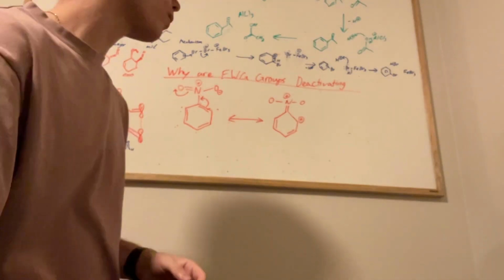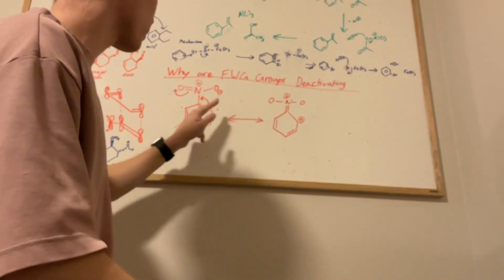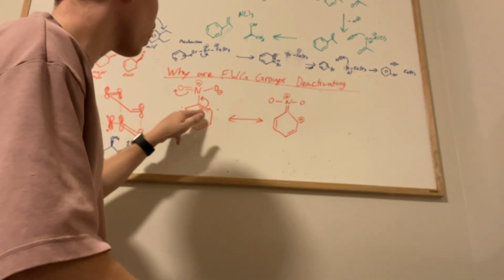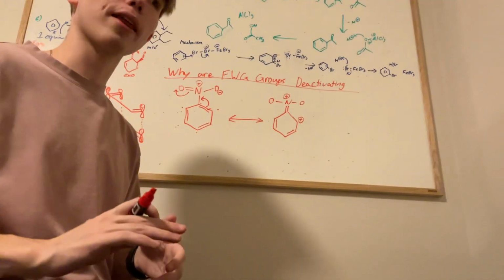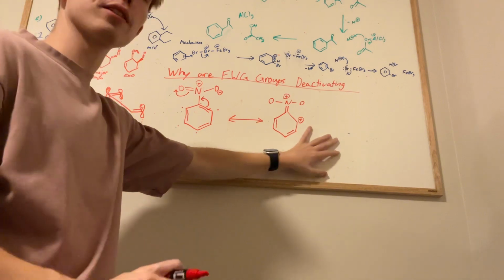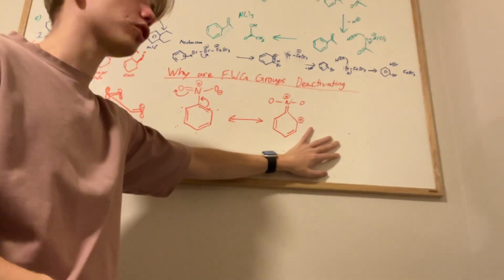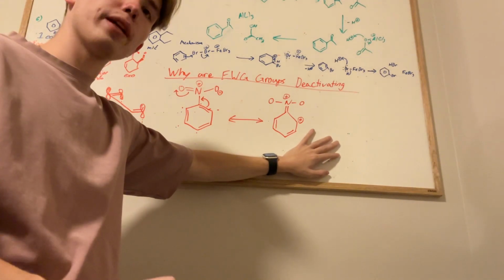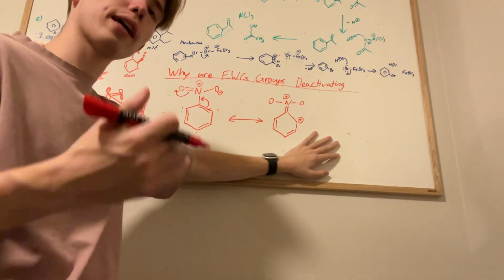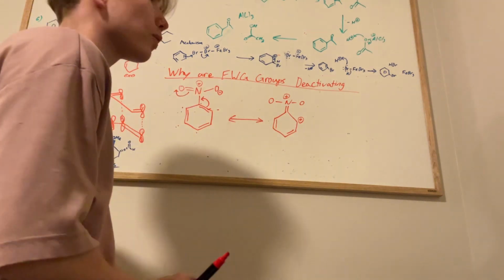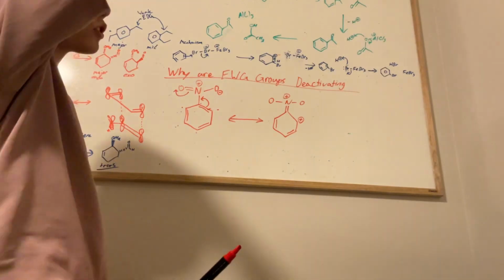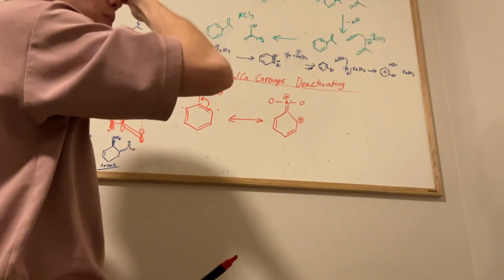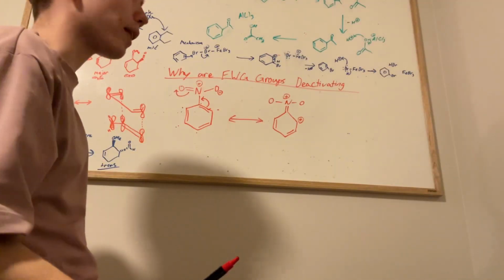And so when we draw this out and we watch the pi bond get broken and the electron density pulled out of that benzene ring, it creates a positive charge at the ortho position of the nitro group. Now, we know that if we want an electrophilic aromatic substitution reaction, our benzene ring has to act as a nucleophile. So if this position has a positive charge, it's not going to be able to do that.